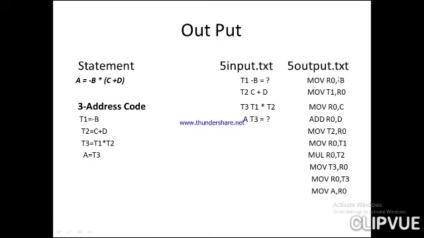I am moving this variable to the register, because whenever we consider assembly code we have to consider the registers also. Here you cannot perform addition, subtraction or division between 2 memory locations. One should be in memory and the other one should be in the register. So initially I am moving whatever the value is into the register.